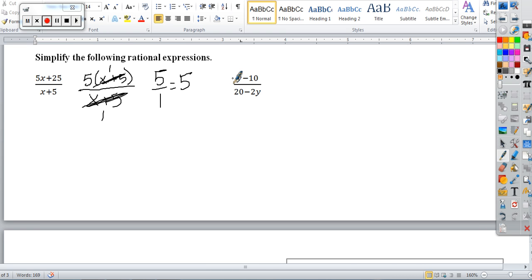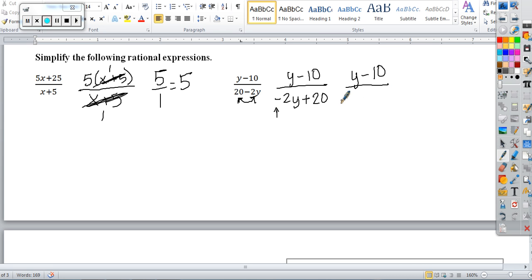Over here, I'm going to give you some advice. You see that they're a lot alike, but this one's written backwards. You always want your y's to be your first term and your constants to be in the back. So we're going to rewrite it like this, and then take that negative with it, negative 2y positive 20. Again, you'll notice these don't quite match, but they almost do. If we factor this bottom, and remember, always factor that lead negative out as well, you're going to see something happen.